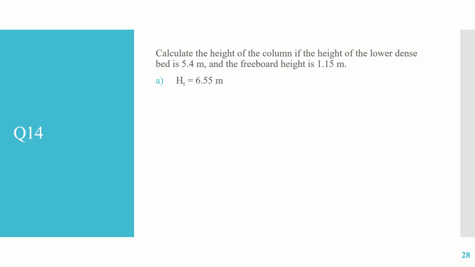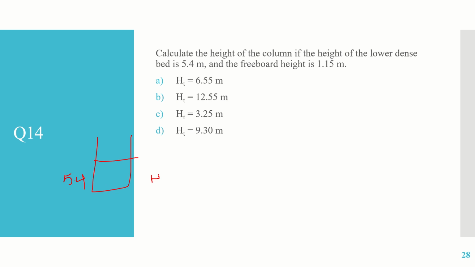The options are HT equal to 6.55 meter, HT equal to 12.55 meter, HT equal to 3.25 meter, HT equal to 9.3 meter. So it is nothing but we are having a bed. In this, till now it is the dense zone. Lower dense bed height is given as 5.4.